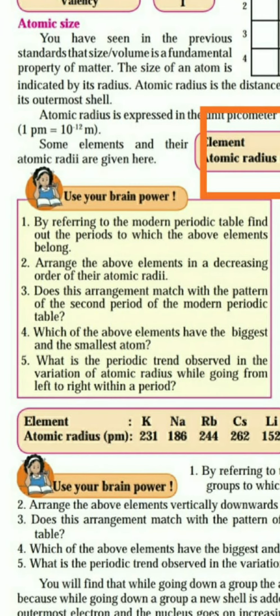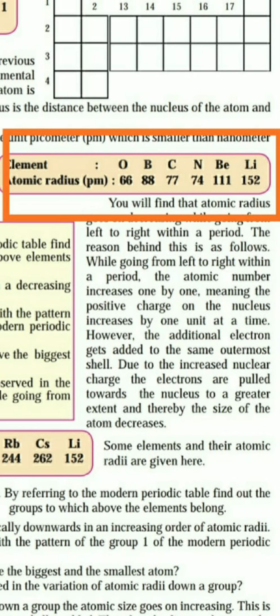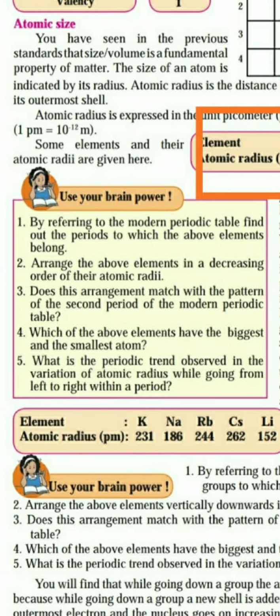Use your brain power: first, by referring to the modern periodic table, find out the period to which the above elements belong. By observing lithium, beryllium, nitrogen, we can say that these belong to period 2.